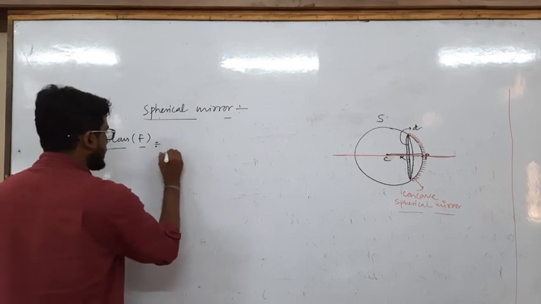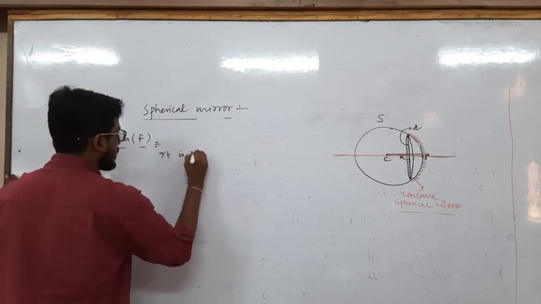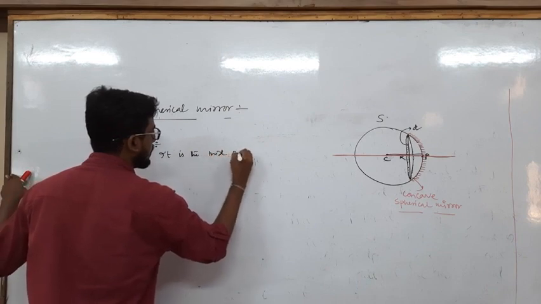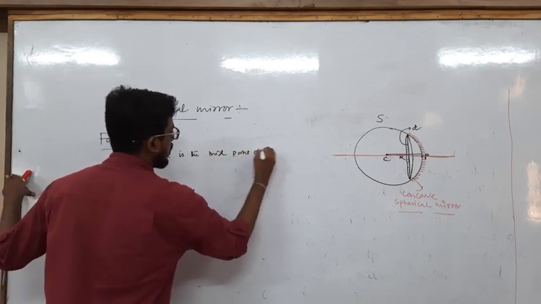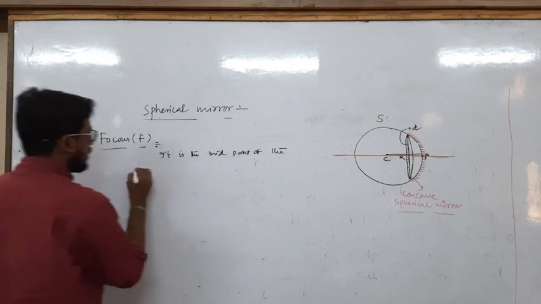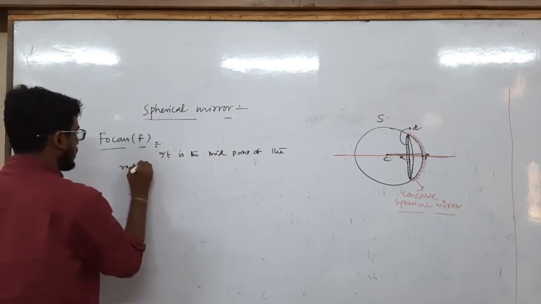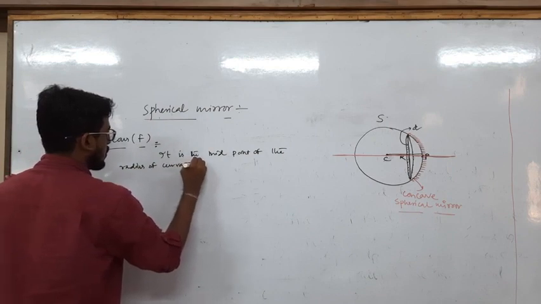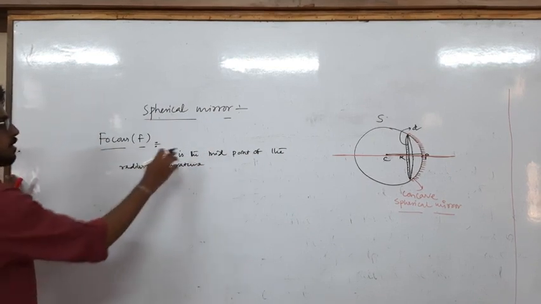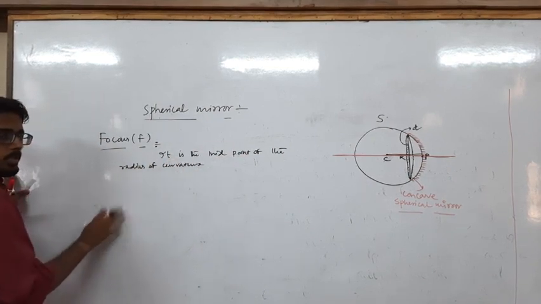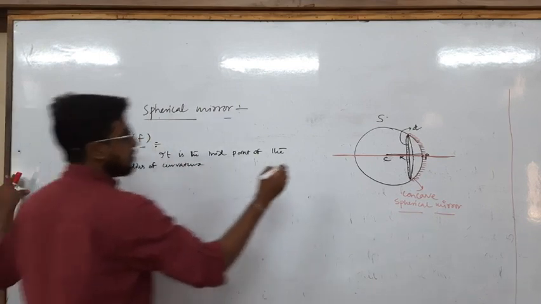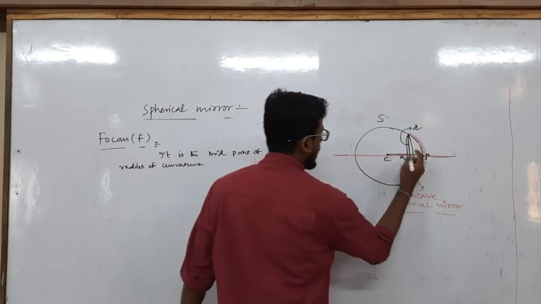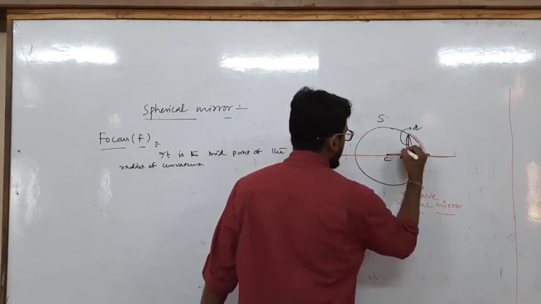It is the midpoint of the radius of curvature. Okay, it is the midpoint of the radius of curvature. You can say that f is the midpoint of the radius of curvature. That means if this complete distance is r, the midpoint is known as focus.